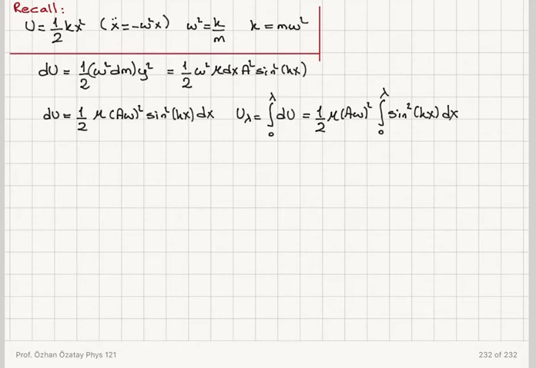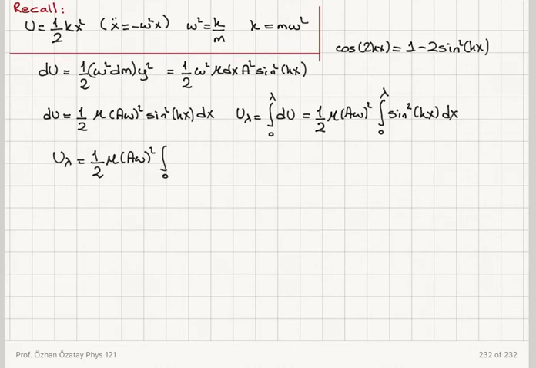kx dx. And this time I'm going to use the following relationship: cosine 2kx is 1 minus 2 sine squared kx. So I find that the potential energy carried in one wavelength is 1 over 2 mu a squared omega squared integral from 0 to lambda of (1 minus cosine 2kx) divided by 2 dx.